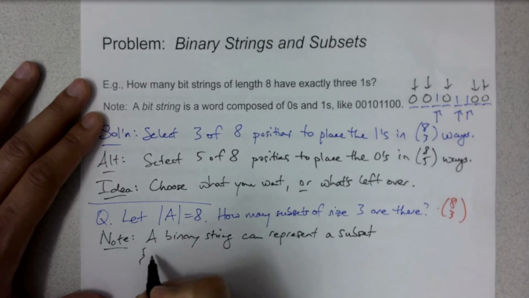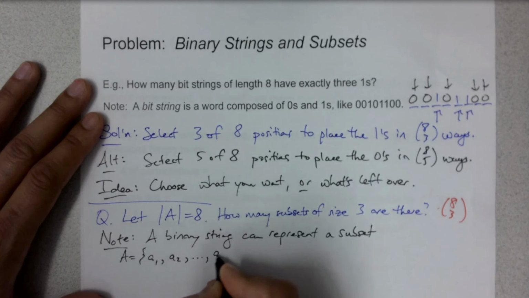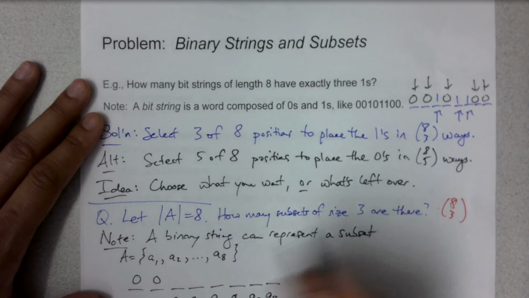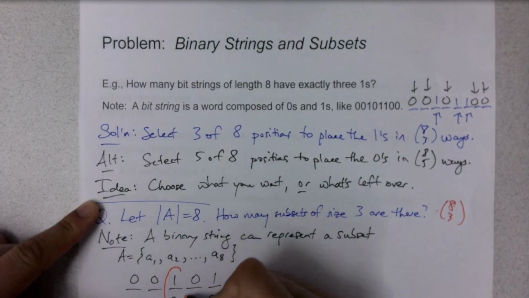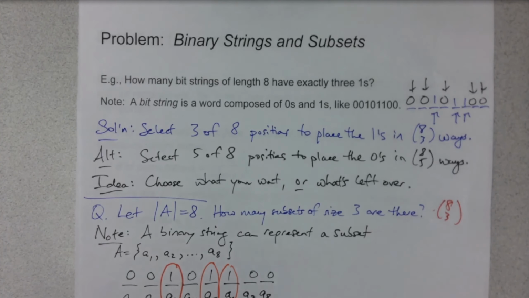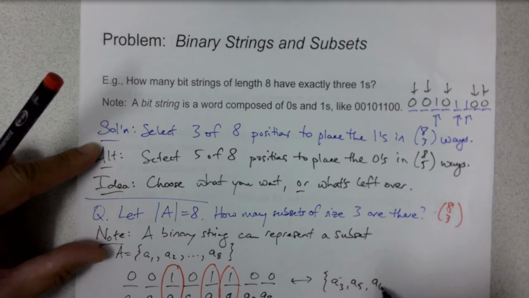Imagine A has the 8 elements A1, A2, A3, through A8. A 1 in position 5 means that A5 is in the subset. So each binary string corresponds to a certain selection of those items being in, for example items 3, 5, 6.